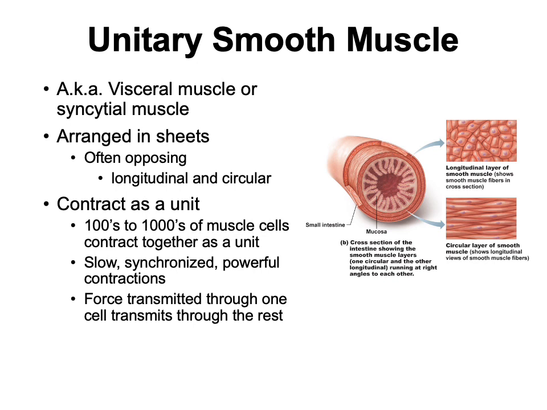The smooth muscle cells will contract as a unit, stimulating hundreds to 1,000 muscle cells at once that can contract together as one unit. The contraction of unitary smooth muscle is slow, synchronized, and extremely powerful. The force that's transmitted through one cell will be transmitted through all the rest of the cells during a contraction.